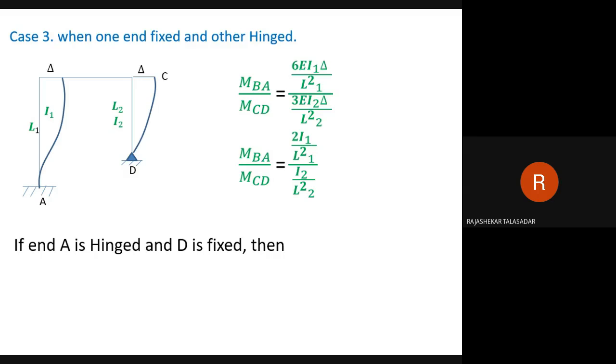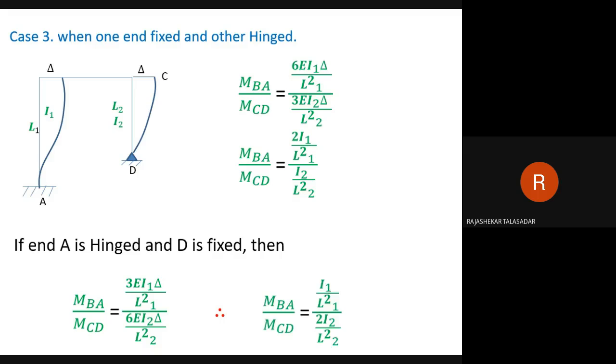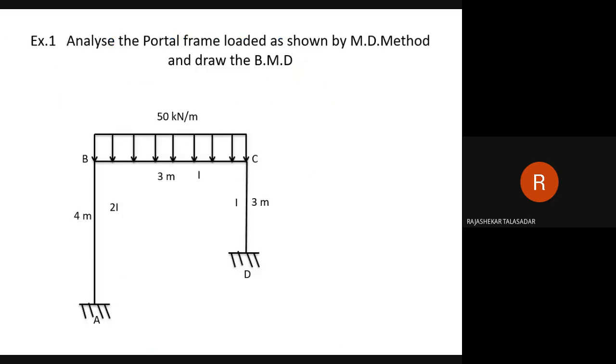Because now if A is hinged, if the far end is hinged, this will become 3 EI delta by L square. And if this is fixed, far end is fixed, this will become 6 EI delta by L square. It will get reversed. That is, MBA will be 3 EI delta by L square and MCD will be 6 EI delta by L square. If you simplify that, you will get I1 by L1 square divided by 2 I2 by L2 square. Is it clear? Hello?